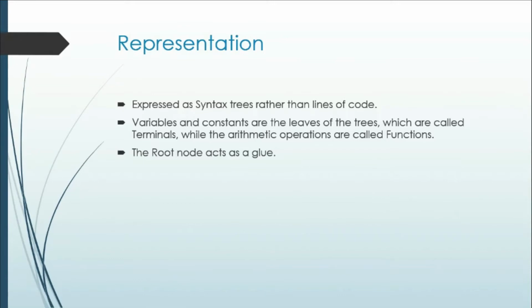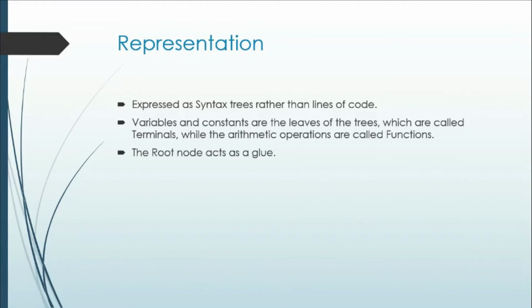The programs are represented as syntax trees rather than lines of code. So the lines of code are converted into syntax trees. Let's see how. The variables, constants, etc. are the leaves of the trees, which are called terminals, while the arithmetic operations are at the joints of these leaves, and these are called functions.